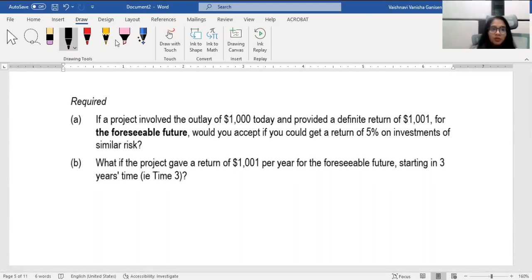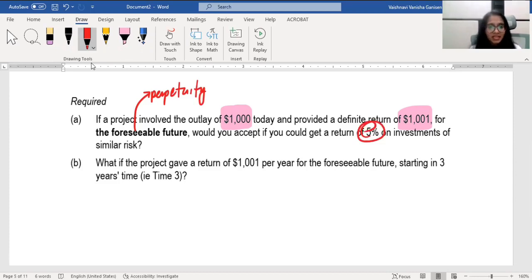If a project involves an outlay of 1,000 today and provides a definite return of 1,001 for the foreseeable future, remember whenever the examiner says foreseeable future, you need to do the calculation using the perpetuity method. Would you accept it if you could get a return of 5% on investments of similar risk?